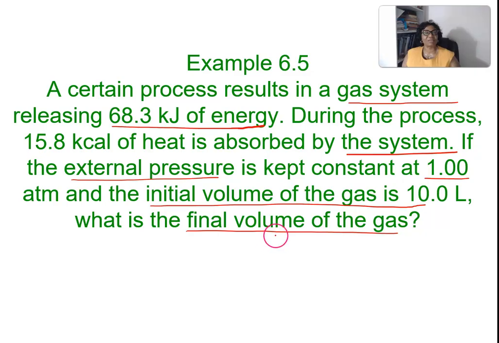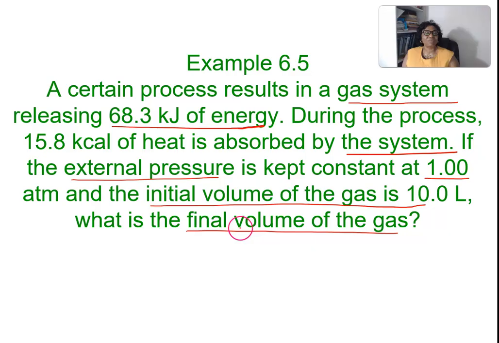I'll read the question again. A certain process results in a gas system releasing 8.3 kilojoules of energy. So that's the overall energy released. But during the process, 15.8 kilocalories of heat is absorbed by the system. The external pressure is kept constant at 1 atmosphere and the initial volume of the gas is 10.